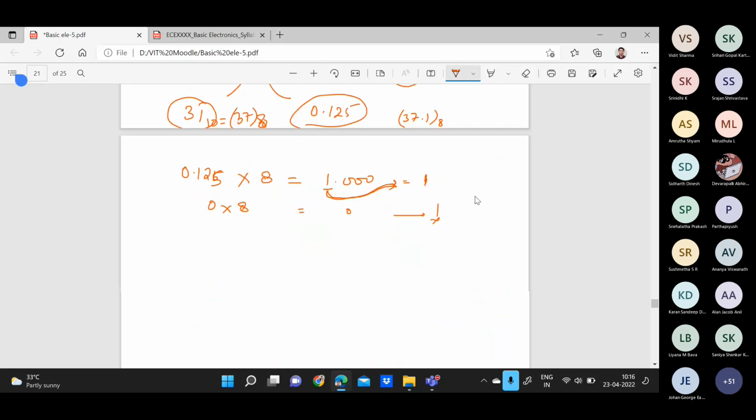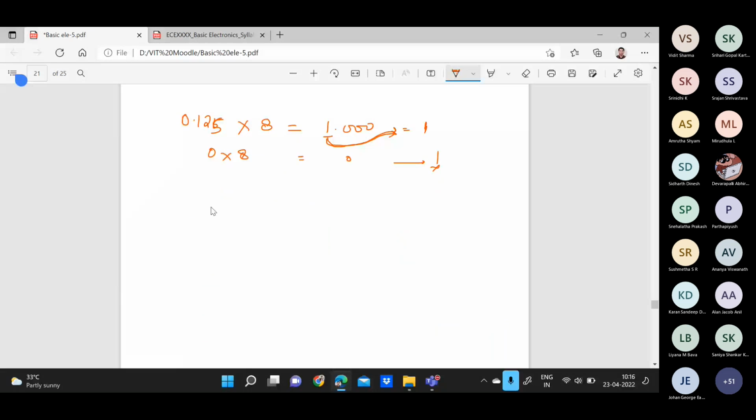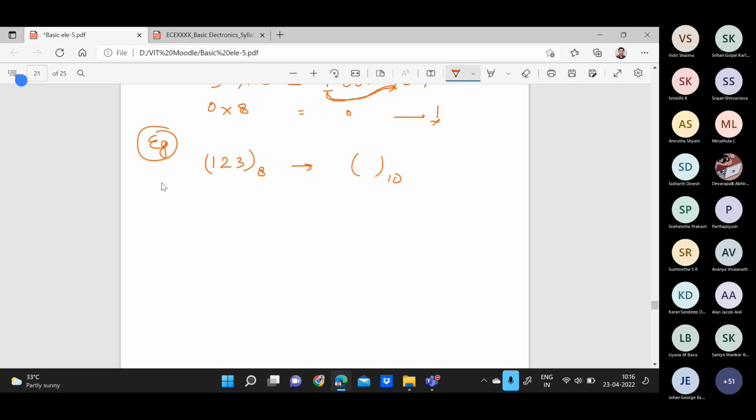Now you tell me, if you have any number in octal, for example 1, 2, 3, and you need to convert it into a decimal number, you need to know the procedure. What is that procedure? For example, if you have 1011 in binary and you need to convert it into decimal, what procedure did we opt?